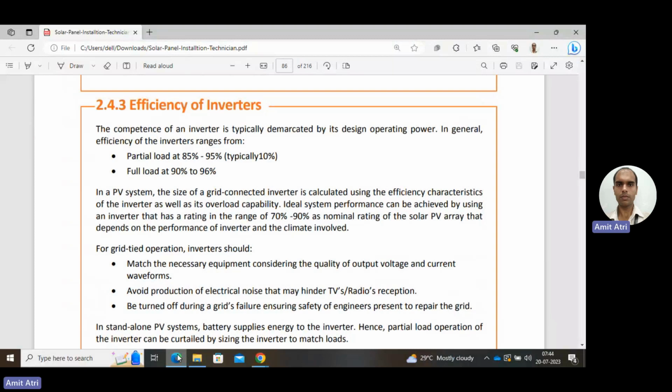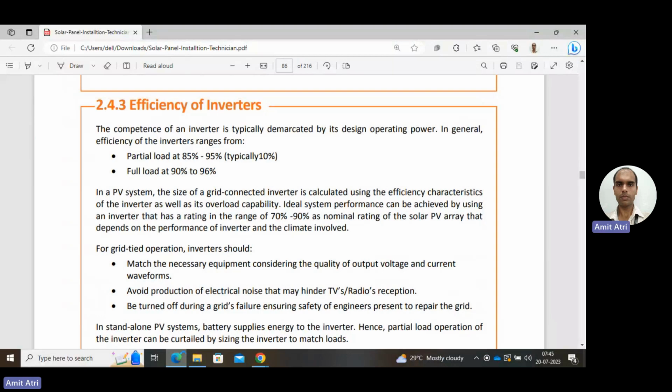But as per the design and working of any type of machine, not only an inverter but almost all types of machines and other equipment, the maximum efficiency is obtained when the equipment or machine is working at the rated load.